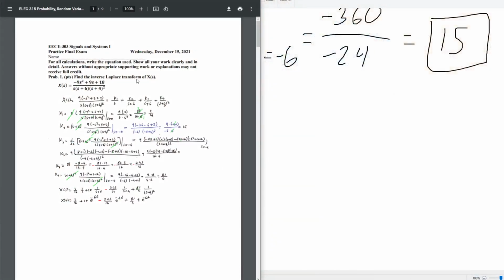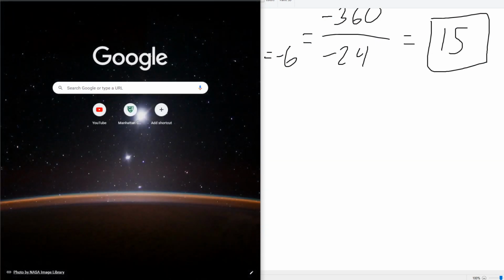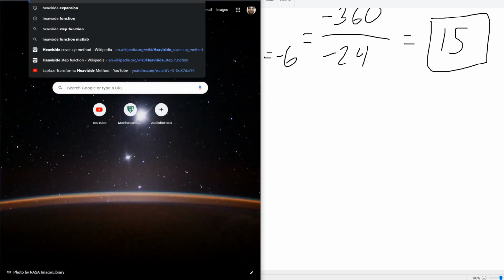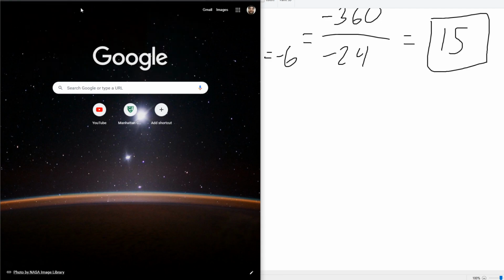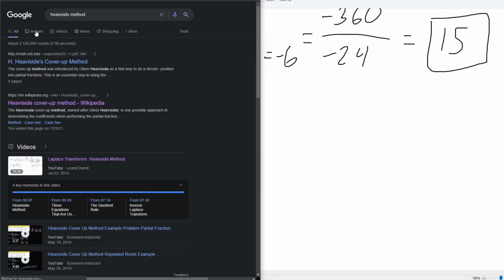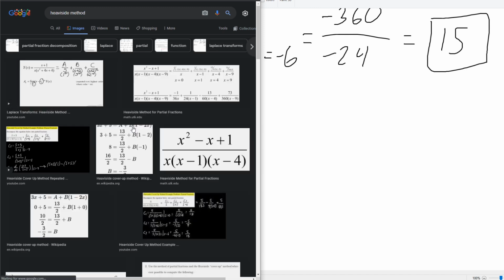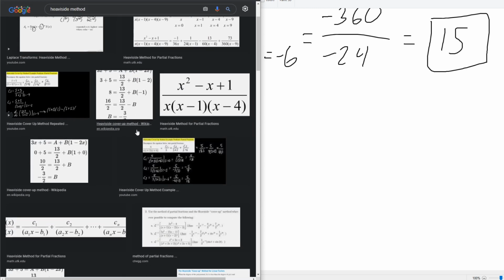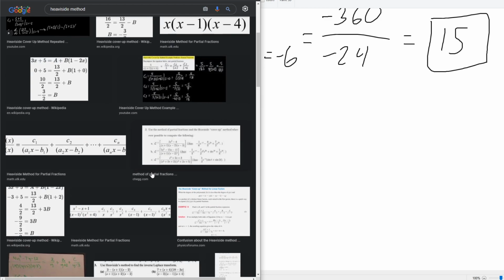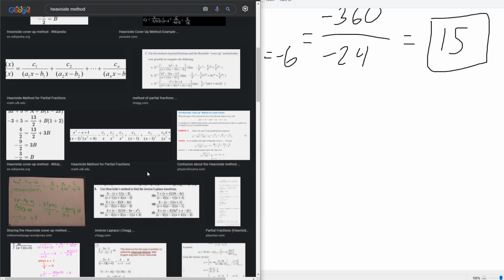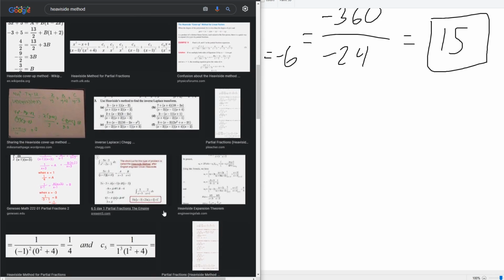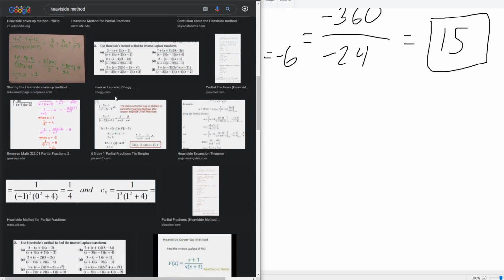So if I just look up Heaviside method with squares, maybe.